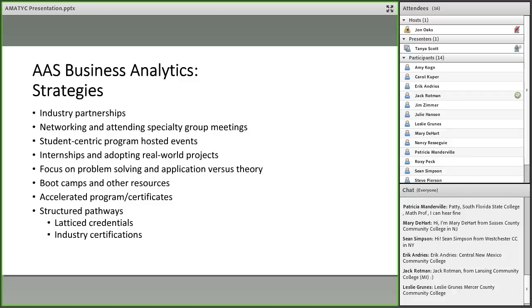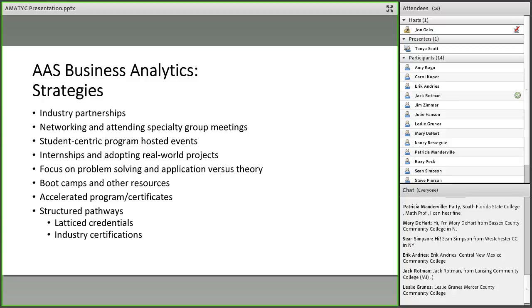Some of the strategies that we've used in building this program: we are very focused on industry partnerships. We have several, and that has been absolutely key to the relevancy of this program. We have a very active advisory board now, and they provide valuable input into our curriculum. We have speaker series and networking events throughout the year.